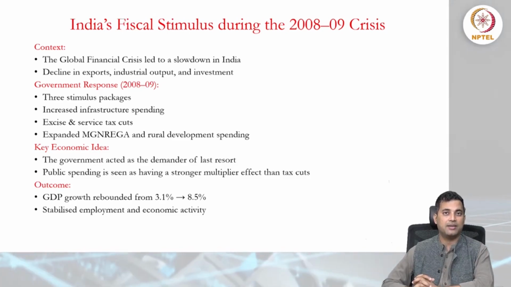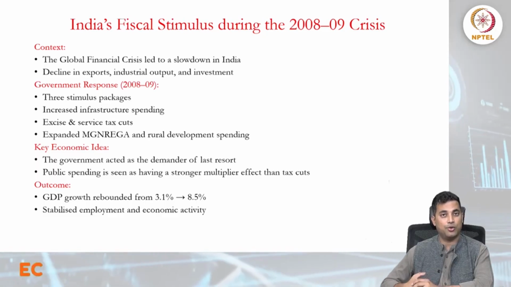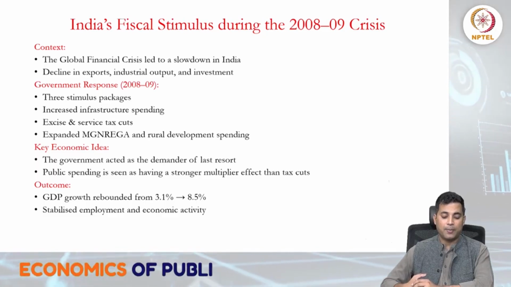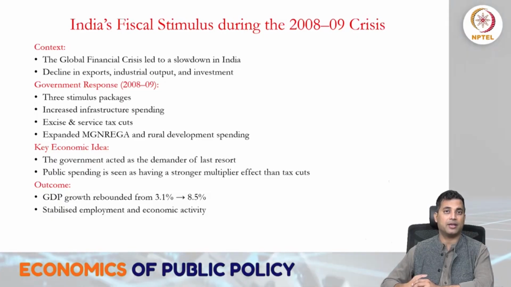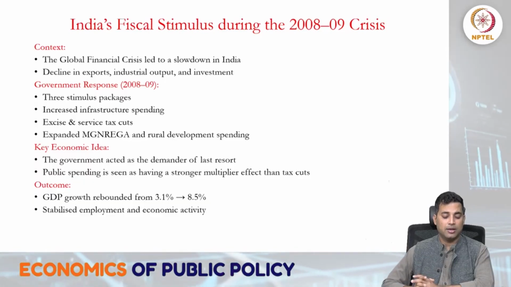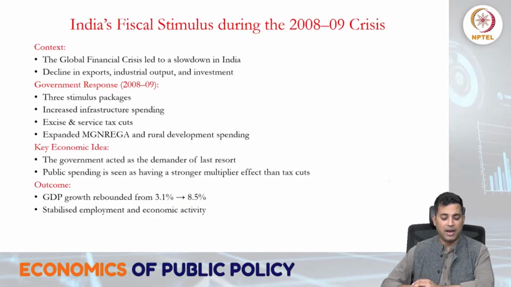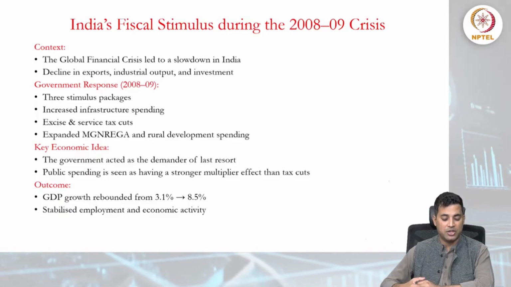We saw a decline in exports, industrial output, and overall investment. Government responses were there, just like in the United States. India released three stimulus packages and increased infrastructure spending, so that aggregate demand would be there and employment could be generated.